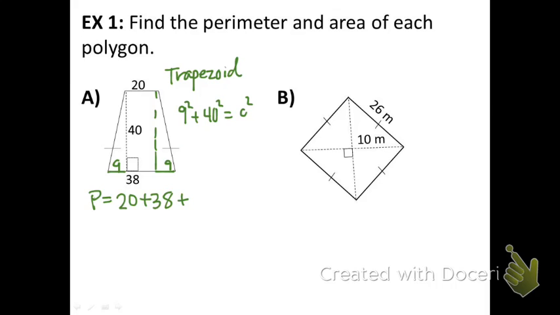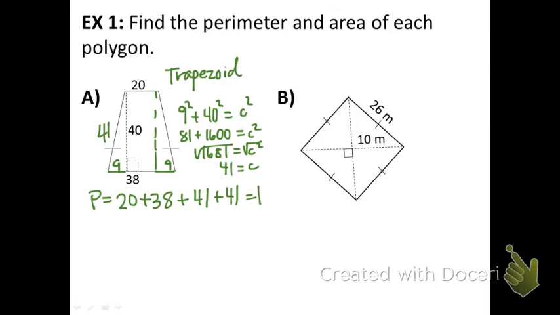Then from there we take the 81 plus 1600, add those together to get 1681, and then take the square root. And that gives us 41. So we can see that this side is 41. We have 2 sides that are 41, and then we're going to add all of that up to get 140 units.